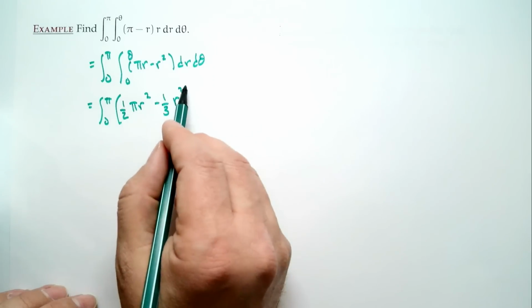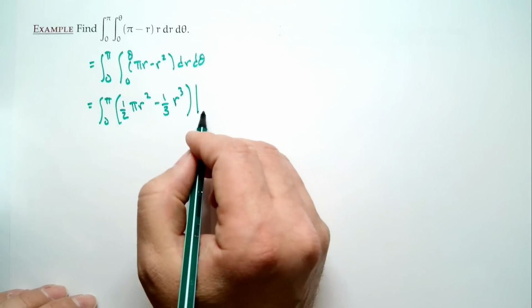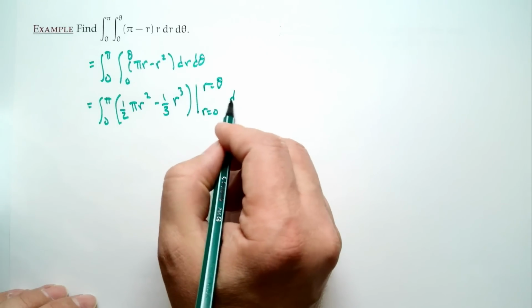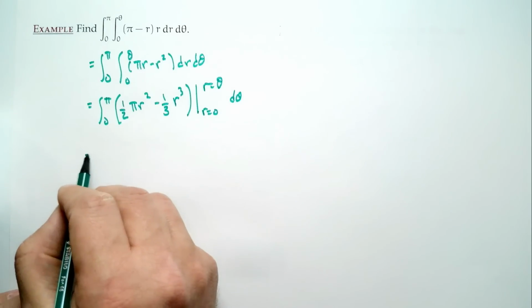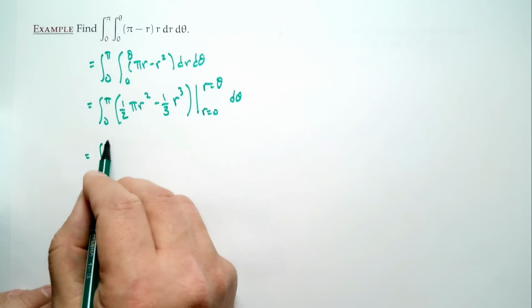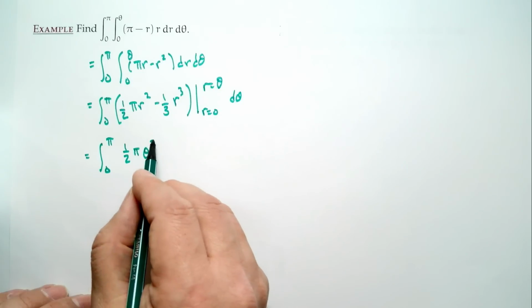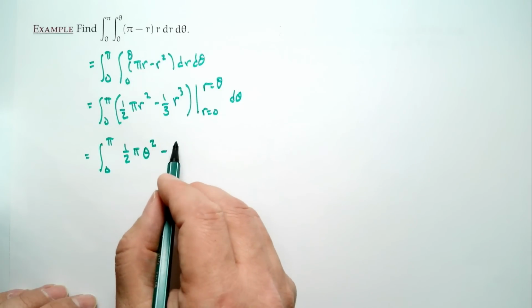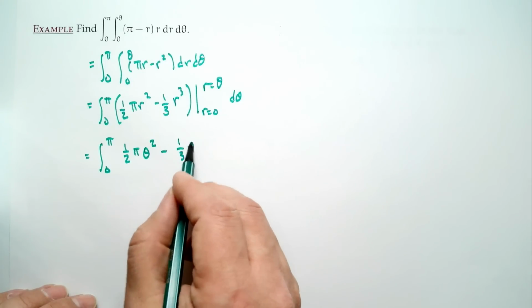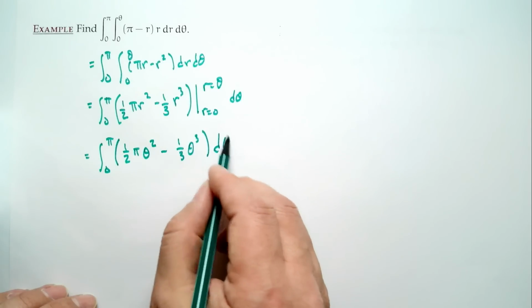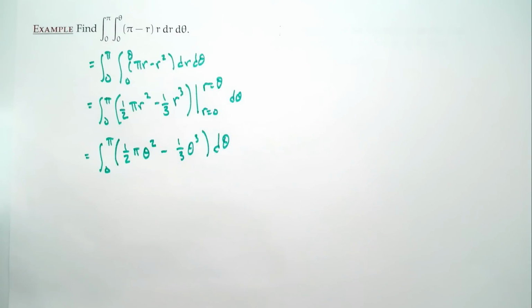Then we evaluate. This was an r integral from r equals 0 to r equals theta, d theta. So this becomes integral 0 to pi of 1/2 pi theta squared minus 1/3 theta cubed, d theta. Next, we integrate again.